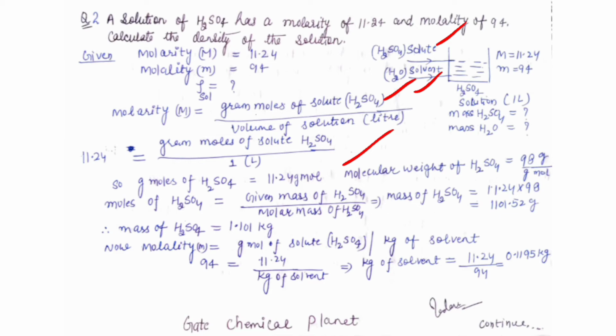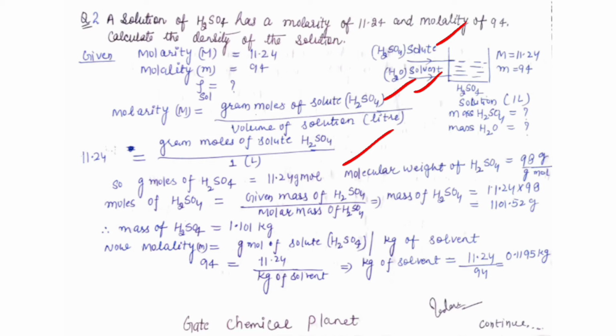Always write molecular weight with the help of unit. So here the molecular weight is 98 gram per gram mole. Now we will have the moles of H2SO4. Moles of H2SO4 equals the given mass of H2SO4 divided by the molar mass of H2SO4.